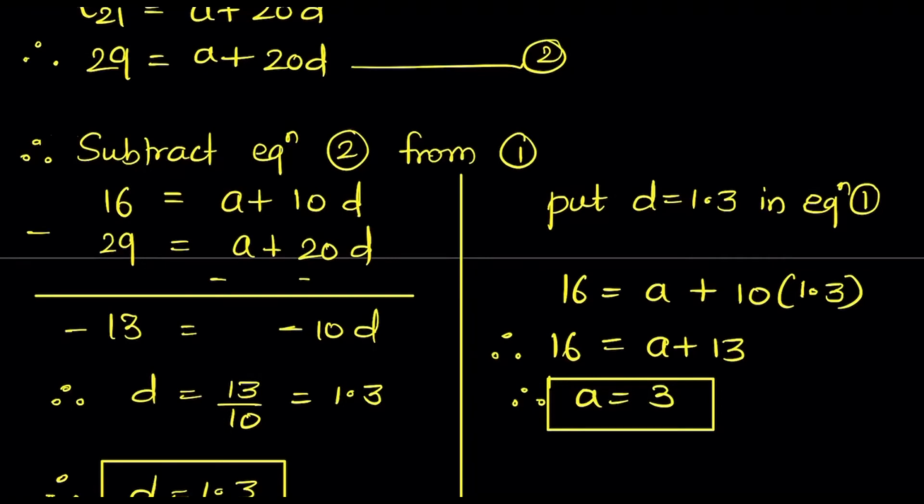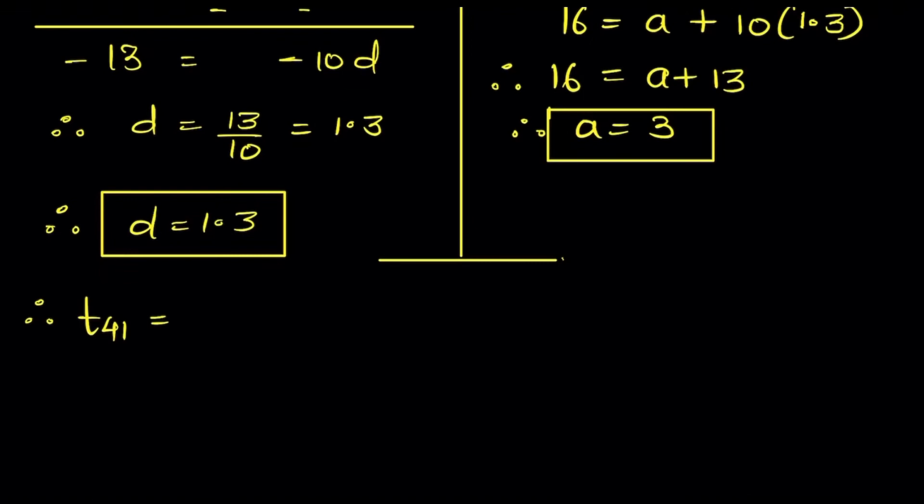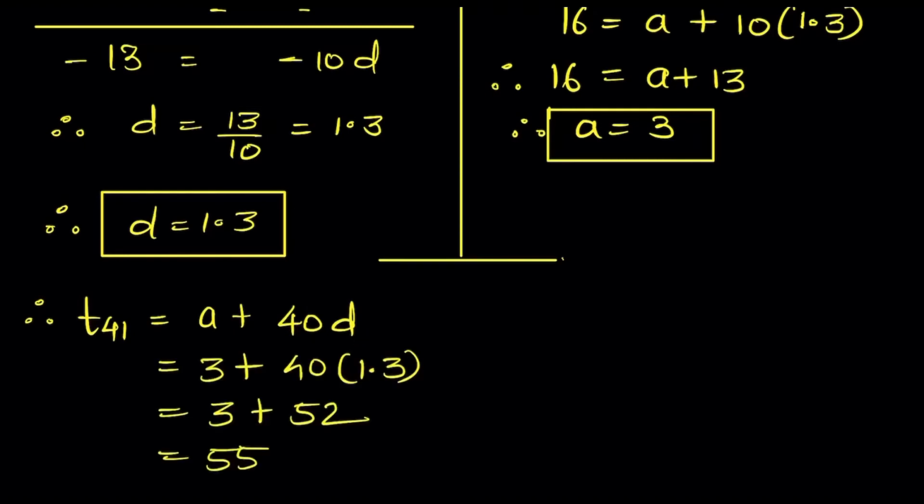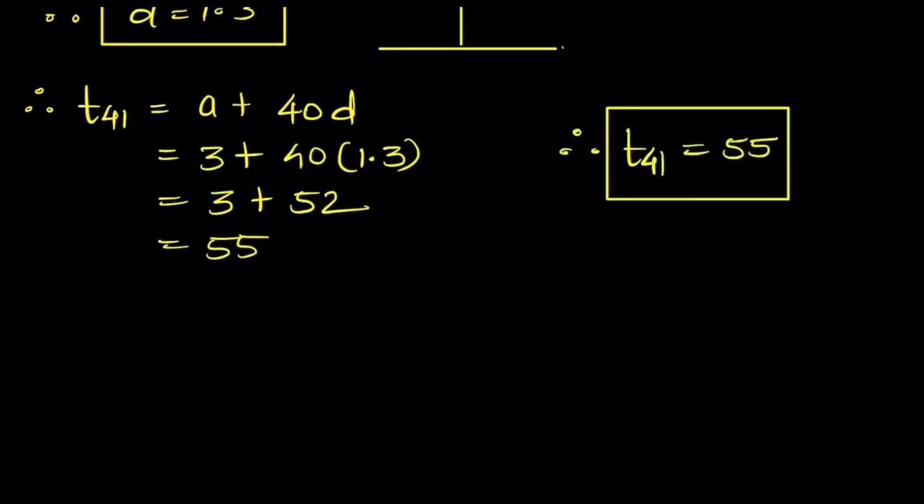So the first term is 3 and the common difference is 1.3. To find T41, again use the formula for Tn: a plus 40d, which is 3 plus 40 times 1.3. So it is 3 plus 52, which is 55.